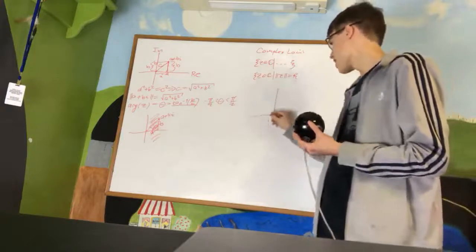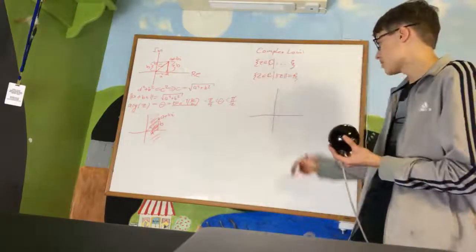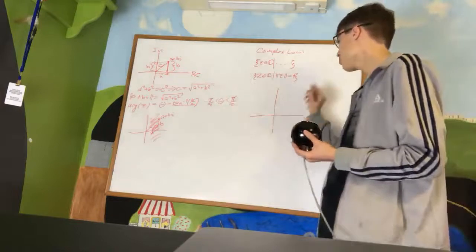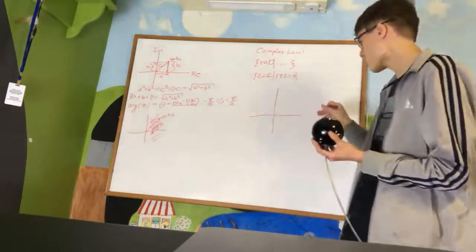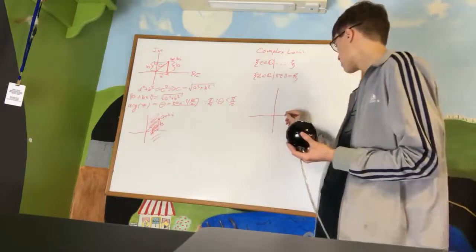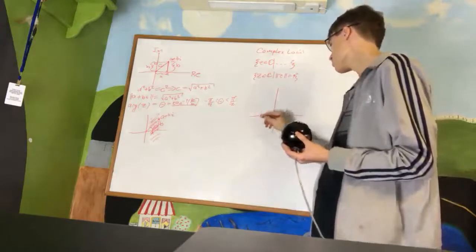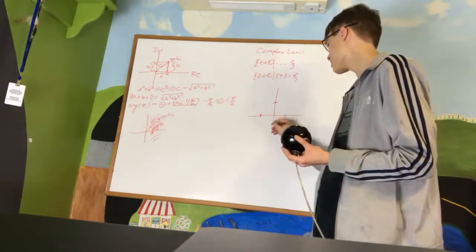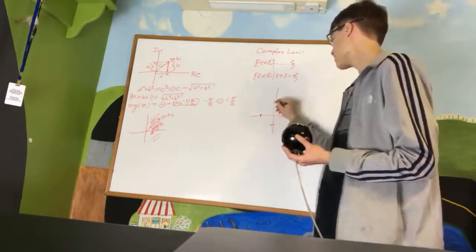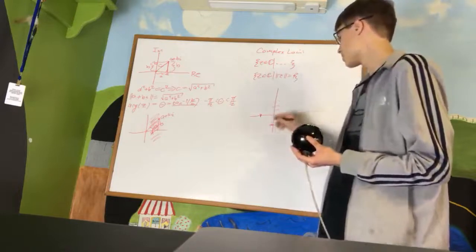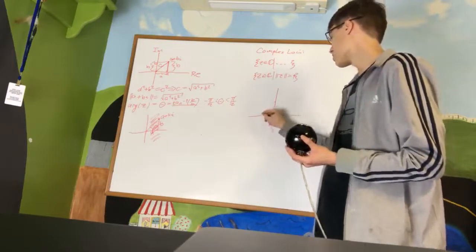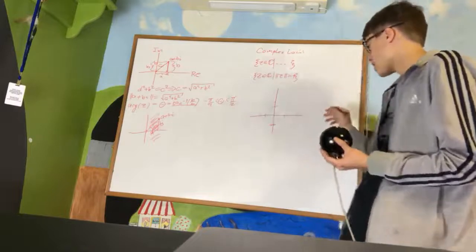What does this look like? We have the complex plane. We have all points that are 1 away from the origin. So we have 1, we have -1, we have i, we have negative i. I drew that very poorly. All right.